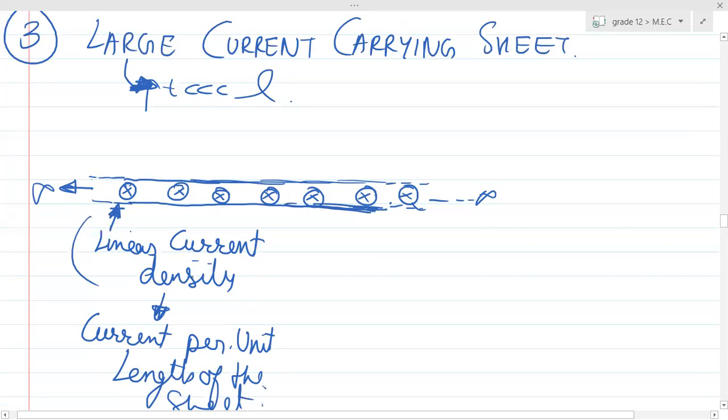So what shall I name it? The direction in which we are looking at the sheet is like this. Can you see the sheet now? We are looking at the width. So this is infinity, and we are looking from this side.